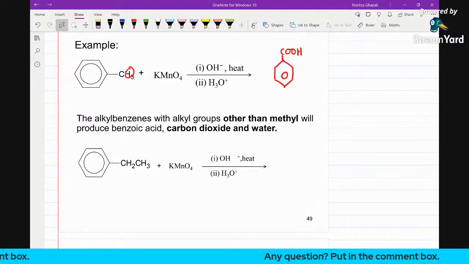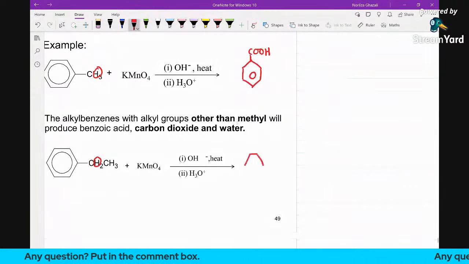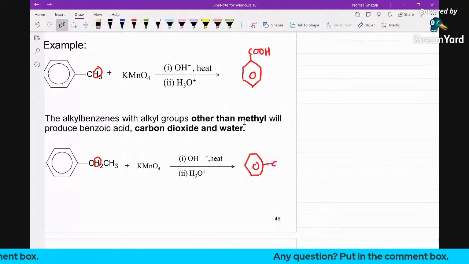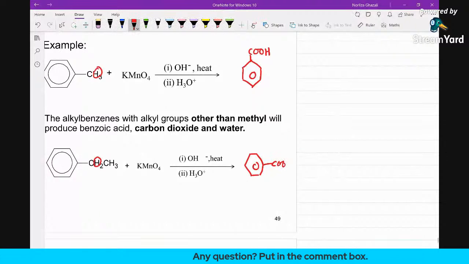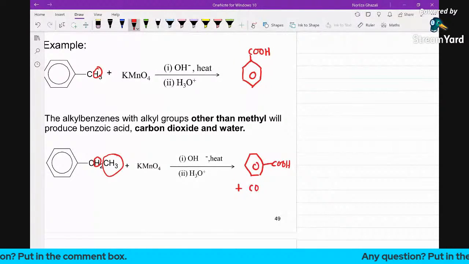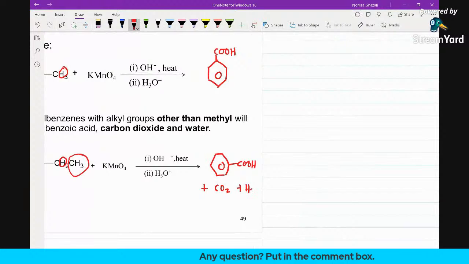And then ethyl benzene also, look for the benzylic hydrogen first, there is, right? So it can also be oxidized into COOH. And if there is extra carbon, we can have carbon dioxide and water.